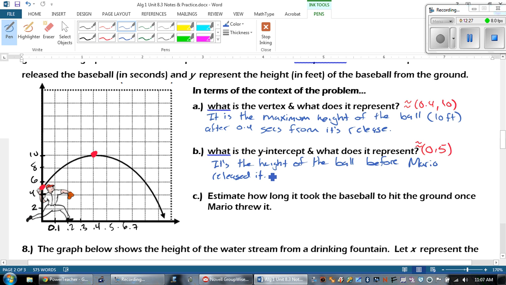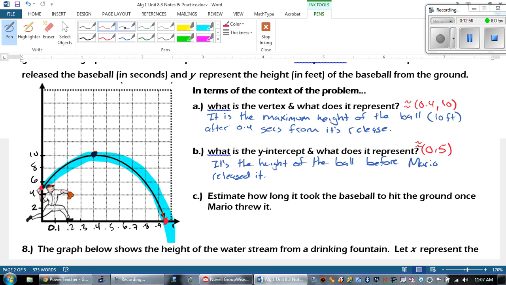So estimate how long it took for the baseball to hit the ground once Mario threw it. Okay, so this is where I'm kind of counting. That's 0.8, that's 0.9, and this is not 10. It would be 1. So as we're looking at it, where's the ball when we're done? I'd say we're about right there.